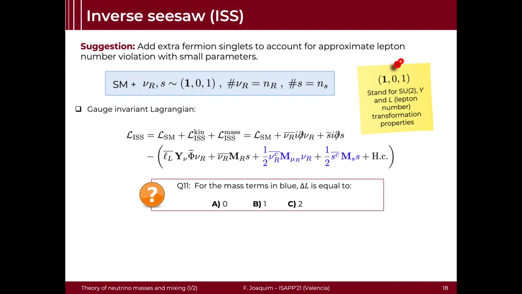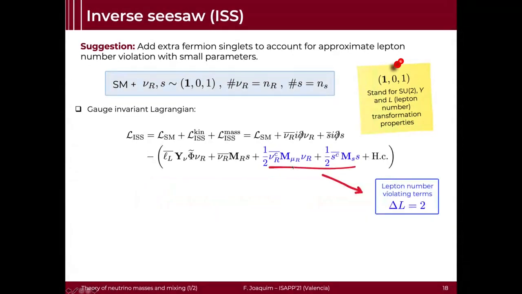For the mass terms in blue, delta L is equal to 2. So these terms violate lepton number, and you see that I'm introducing new scales in my problem.